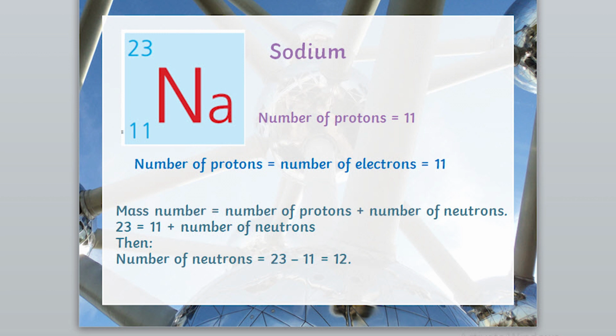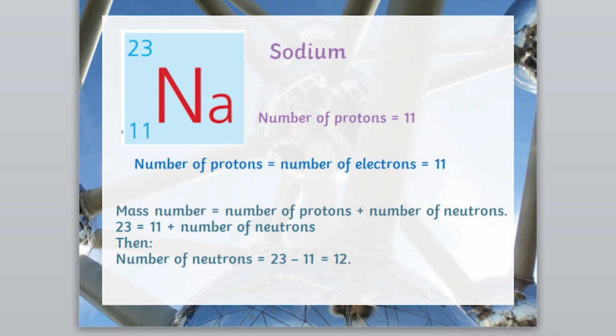As the atomic number is equal to 11, this means sodium contains 11 protons inside its nucleus. As an atom is neutral, the number of protons is equal to the number of electrons. And then, as there are 11 protons inside the nucleus, there are 11 electrons orbiting outside the nucleus.